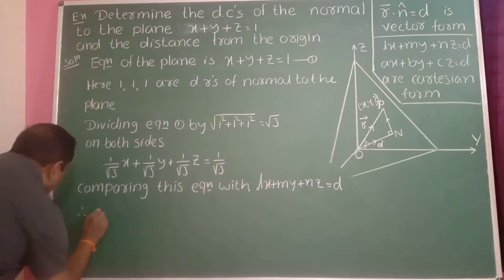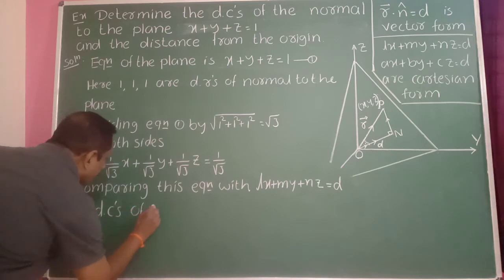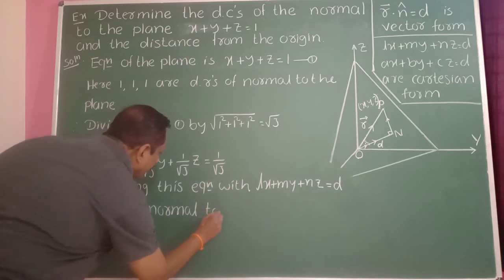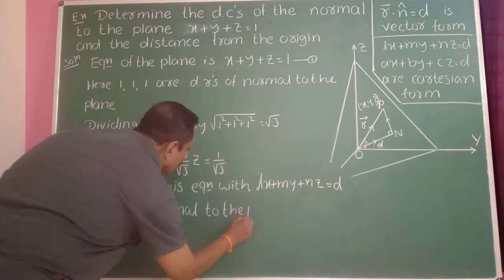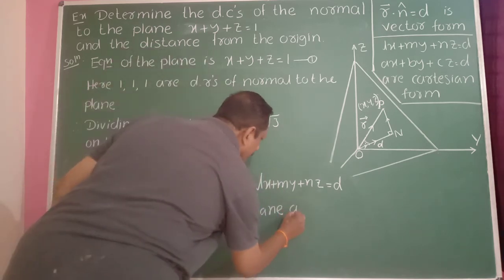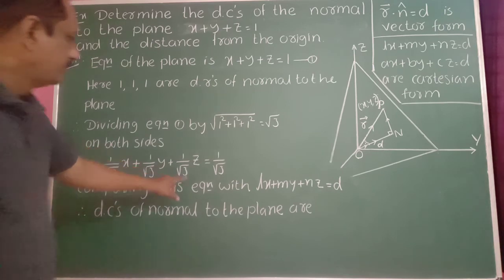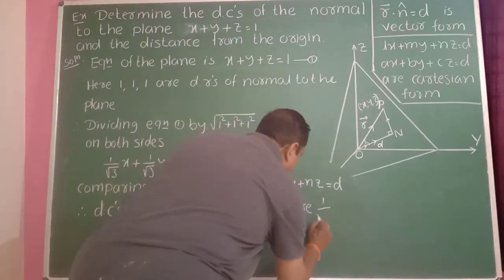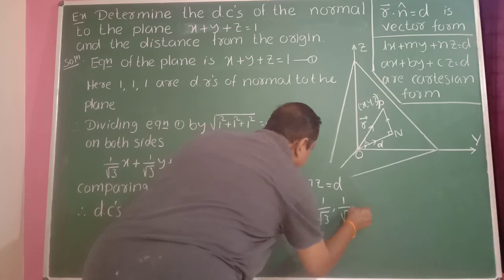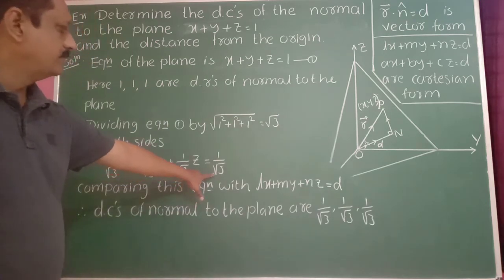Therefore, direction cosines of the normal to the plane are 1 by root 3, 1 by root 3, 1 by root 3. And the distance is 1 by root 3.